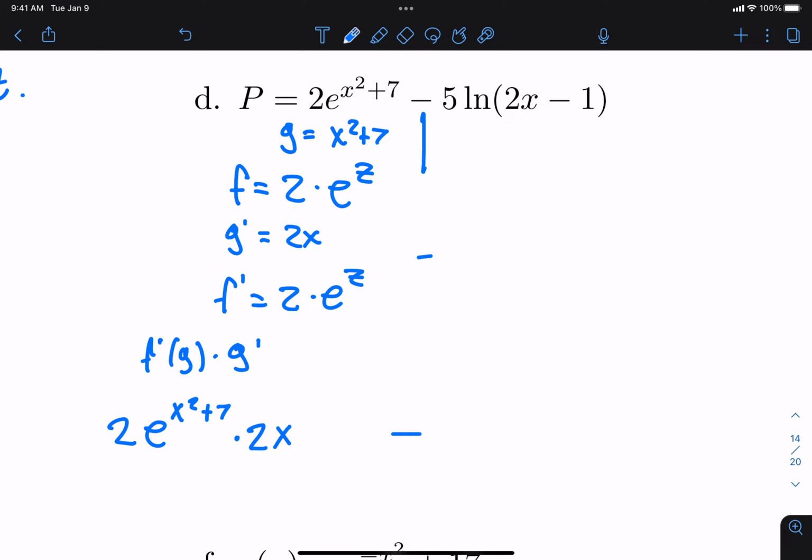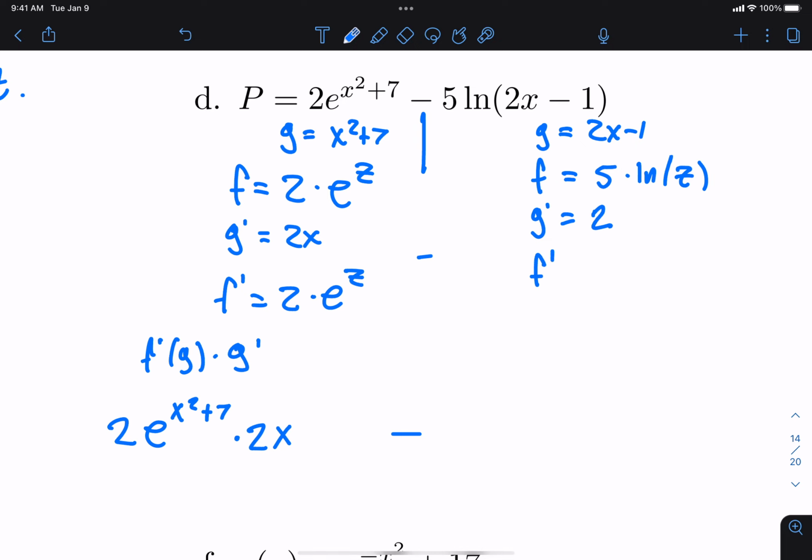All right, how about the other one? What's the inside function? Good, 2x minus 1. And the outside function, then, should be 5 times what? ln of z. Good. So g prime is what? Just 2. And how about f prime?